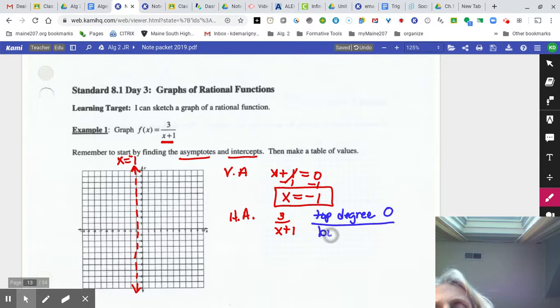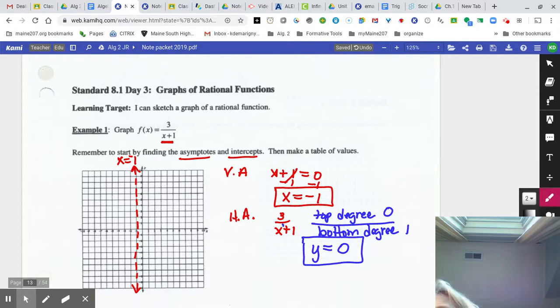And my bottom degree, since I have an x to the first power, is 1. And so since the top degree is smaller than the bottom degree, then I have a y equals 0 as my horizontal asymptote automatically. There's nothing else I need to calculate.